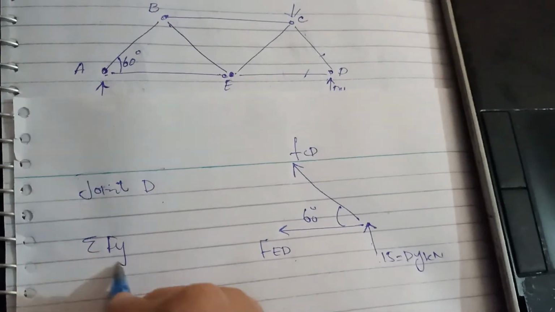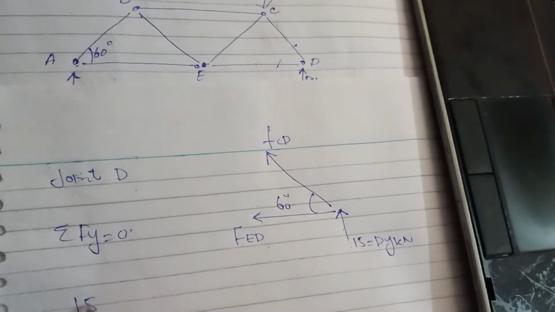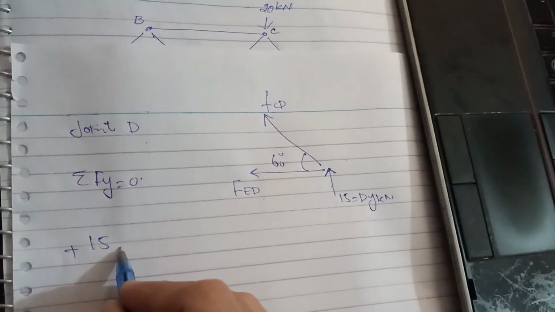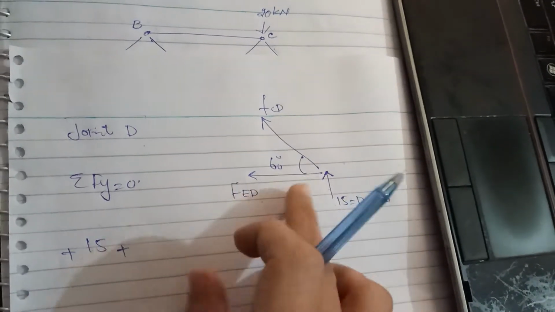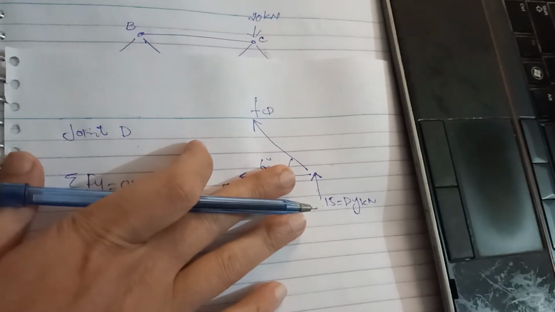Okay, so always start from the summation of all the Fy equal to 0. So 15 kilonewton positive because this is acting in the upward direction. And the second force, FCD. Neglect FED because this is acting in a horizontal direction.